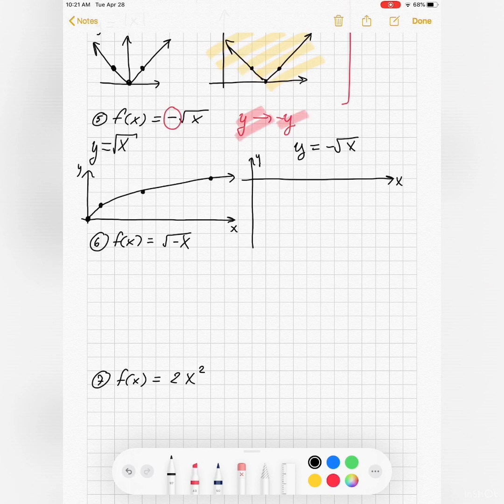So in other words, like this point here at 1, 1, I take the y and make it negative. Now 0, 0 is not going to move. This point at 4, 2 is going to be at 4, negative 2. Okay, and then this guy at 9, 3 would be at 9, negative 3.